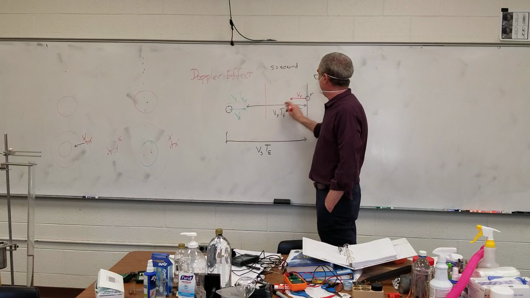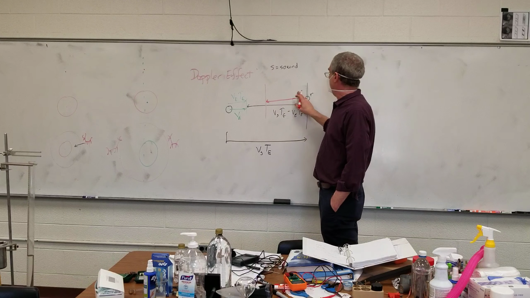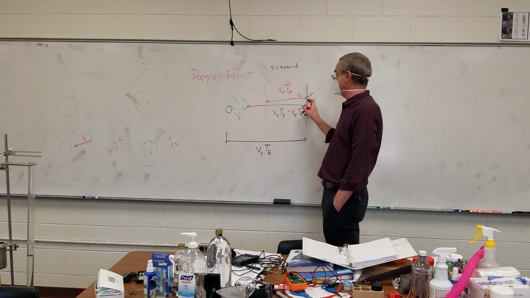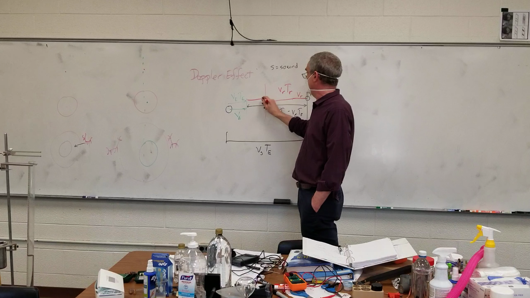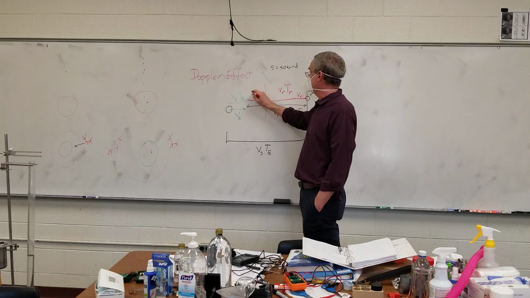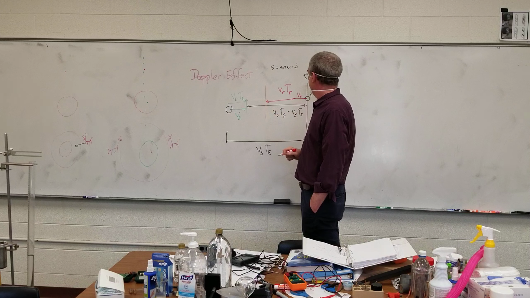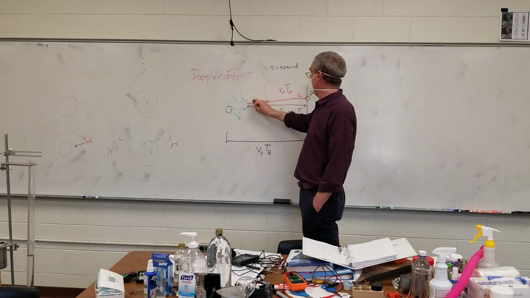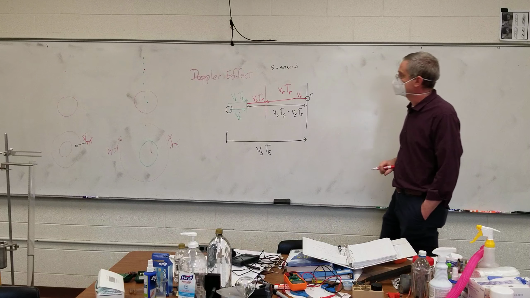At that point right there, he has traveled a distance of however fast he's traveling times the period from his point of view. It's the time it takes to get from one wave to the next wave. In that time, the second wave has traveled this distance, which is how fast that wave is traveling times the period that the receiver is getting.